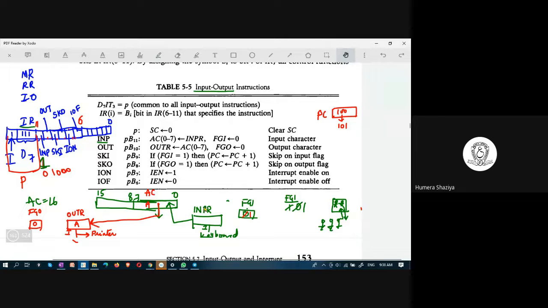And here AC of 0 to 7 refers to the bit positions of the accumulator register. These are different. If it is B10, it indicates the operation to be performed is output, and it is not at all related in any manner to AC. I hope it clears your doubt, Sirisha.